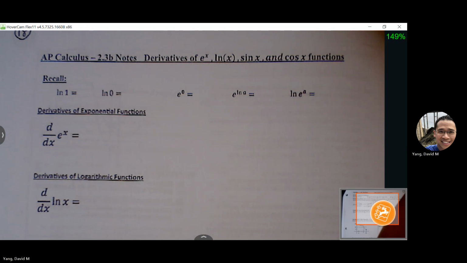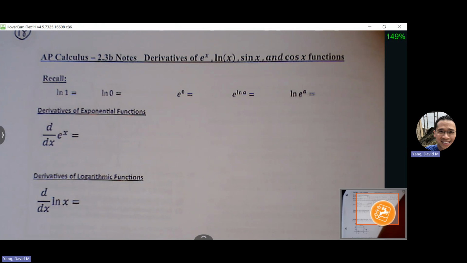So there's a bit of a hierarchy. We're going to learn all these different functions and all these derivatives, but we have an idea of what they're going to focus on and what functions have less likelihood of showing up on the AP exam.